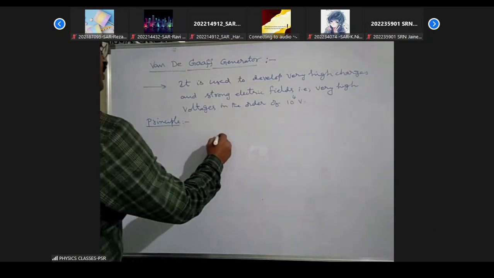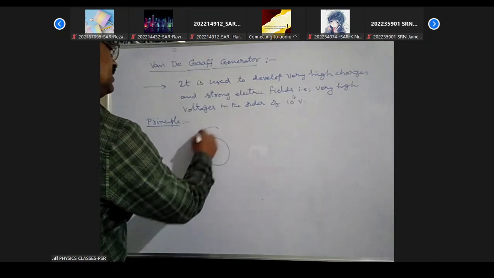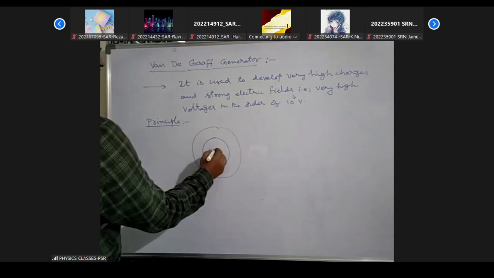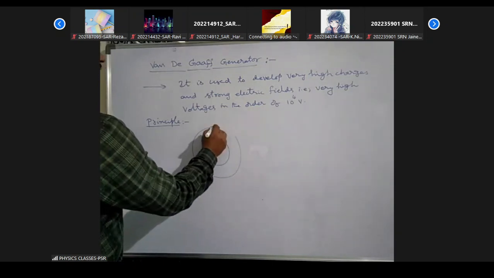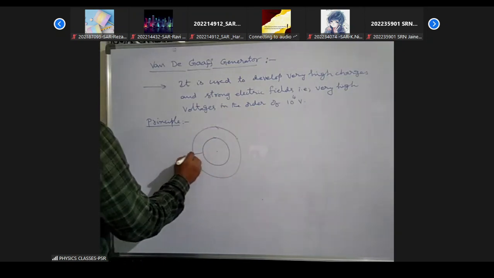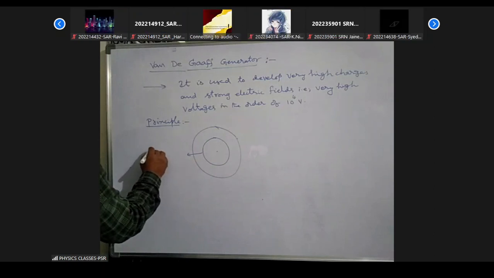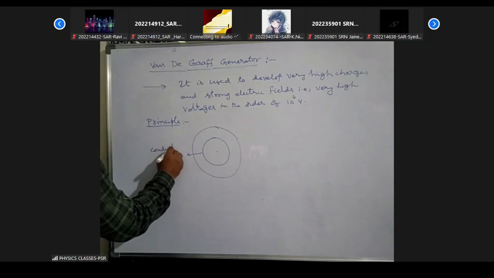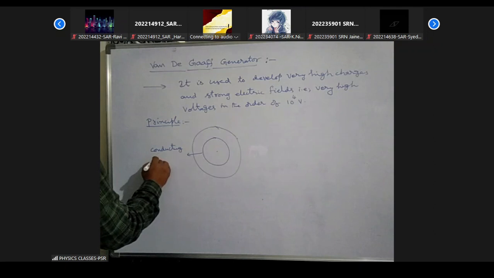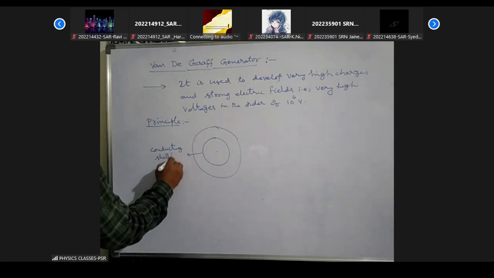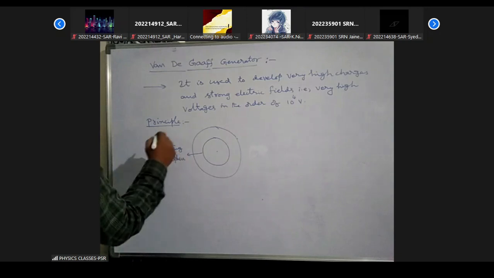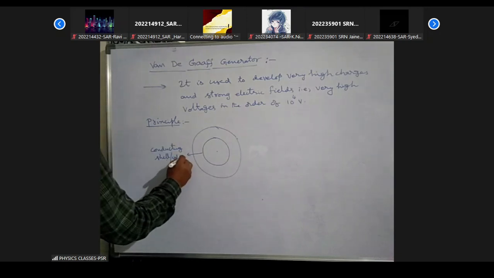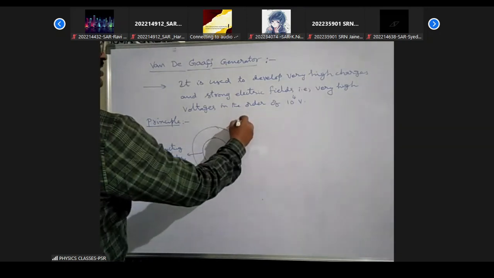Principle. Here, this is a capacitor, a concentric one. The inner may be a conducting shell, or a solid conducting sphere. This is a conducting shell.